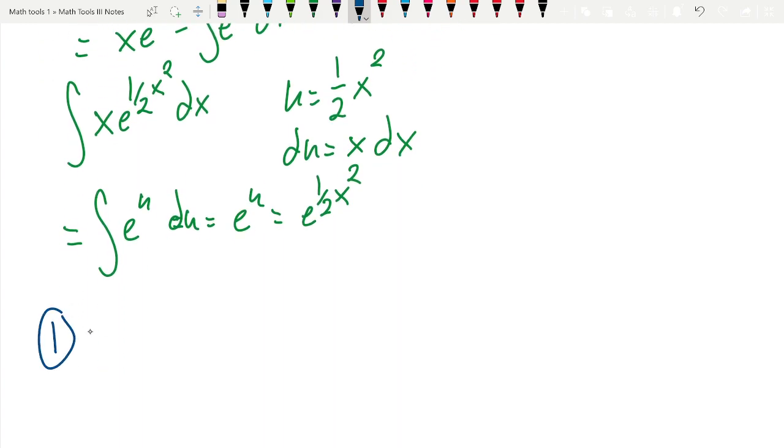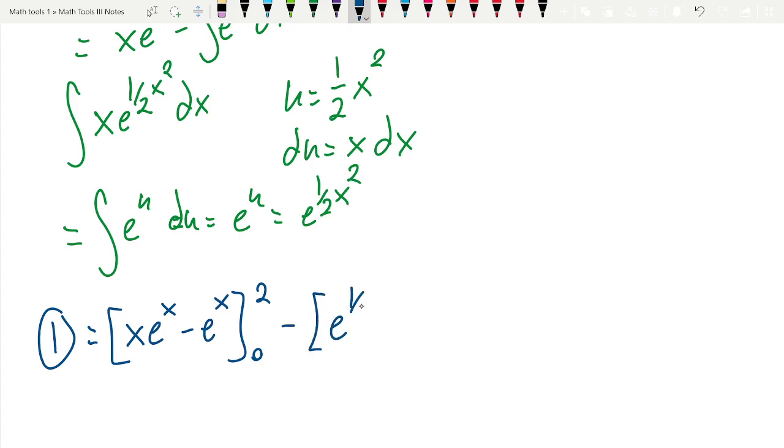And then we'll say that 1 is equal to x e to the x minus e to the x, okay, from 0 to 2, minus e to the 1/2 x squared from 0 to 2.